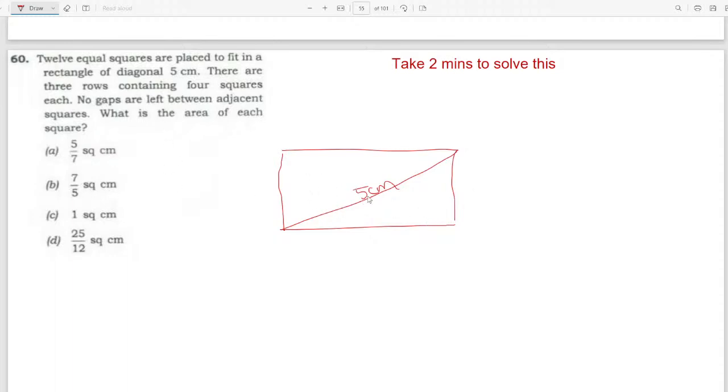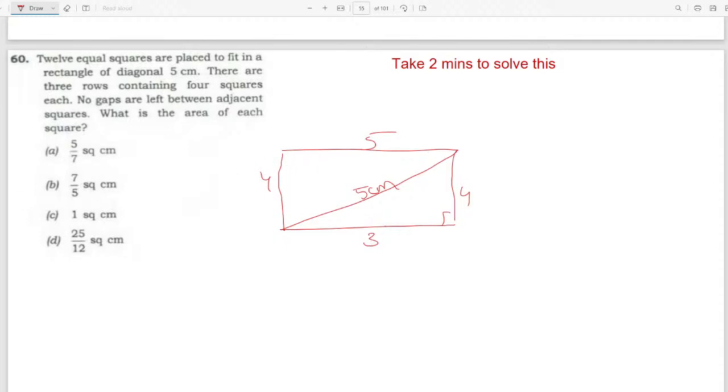If its diagonal is 5 centimeters, we can take the sides as 3 centimeters and 4 centimeters, a 3, 4, 5 triangle. So this would be a rectangle with 4 centimeters width and 3 centimeters length.